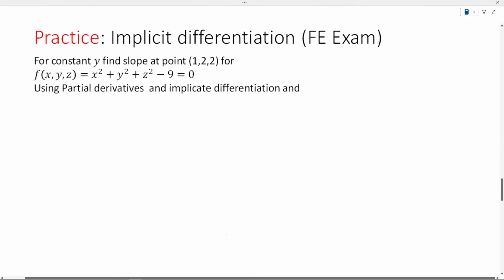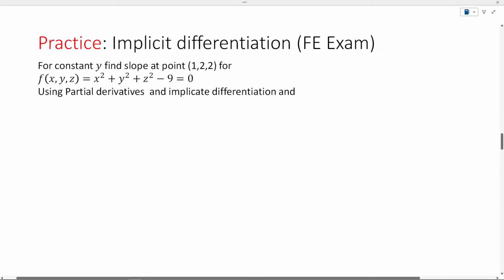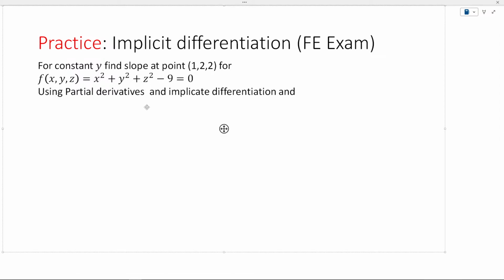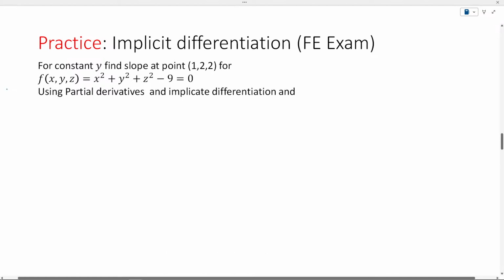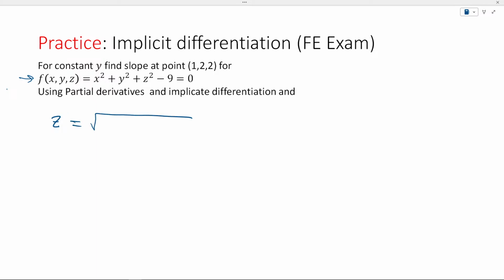So here I give you another problem to practice. We did this before, remember, using partial derivatives without implicit differentiation. This is the equation of a sphere, and if you look in the previous video, you will see that we said z is equal to the square root of 9 minus x squared minus y squared.